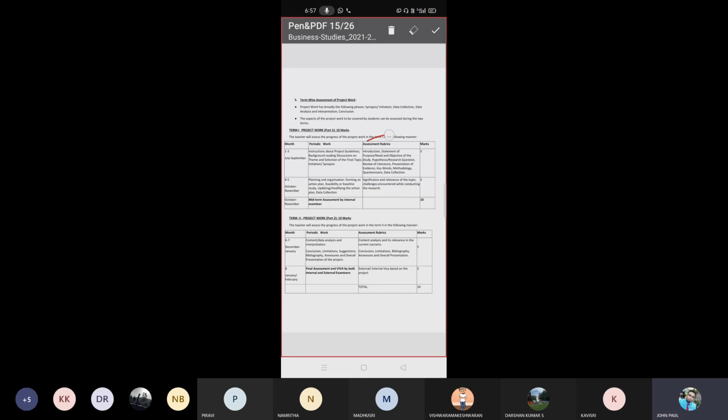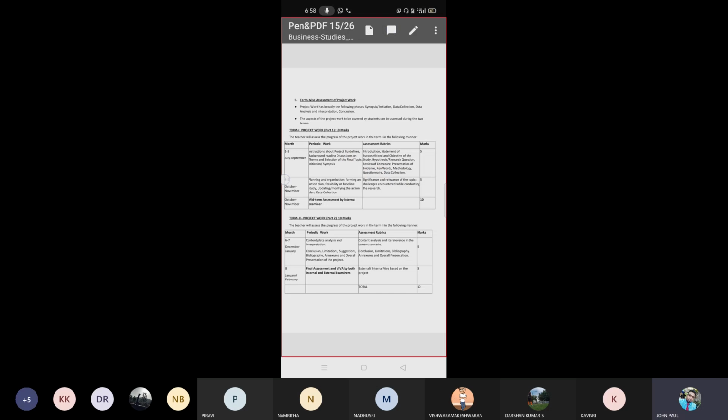So rubrics, this is what mark allotment rubrics: the statement, purpose, need and objective of study, hypothesis, research question, review of literature, presentation of evidence, keywords, methodology, questionnaire, data collection. We studied questionnaire last year in statistics, and data collection also we have studied, right?